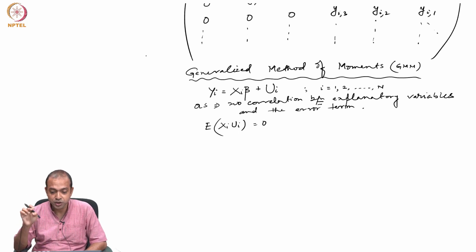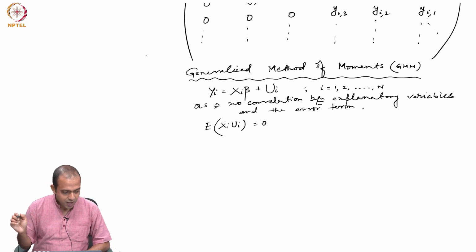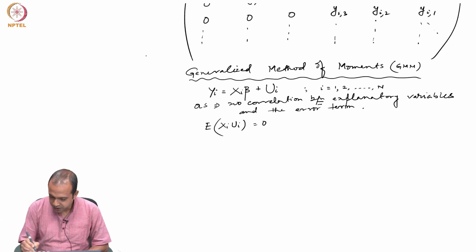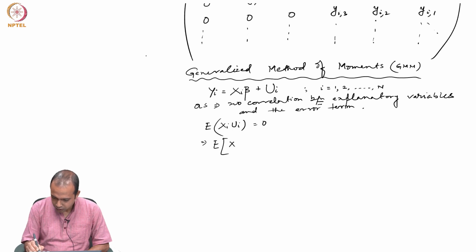Writing this expectation xi ui equals 0 is a population moment condition, and this actually implies expectation of xi prime ui equals 0. Now I will replace ui. What is ui? Ui is nothing but yi minus xi beta.